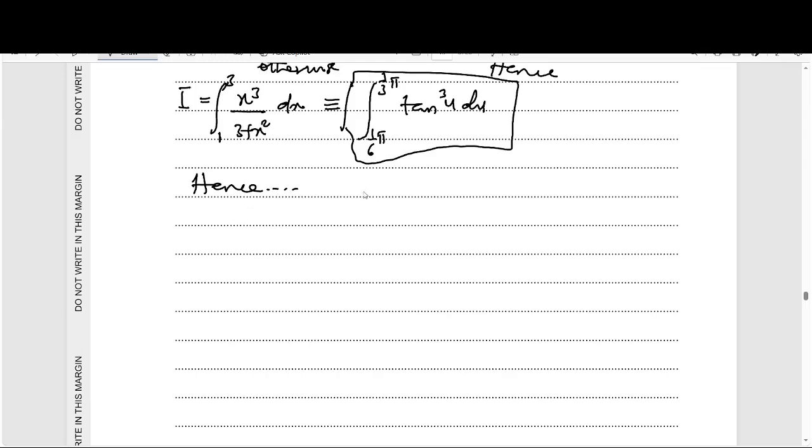So first we need to know that tan cube u is the same as tan u times tan squared u. And as you saw from the formula page, tan squared u is equal to sec squared u minus 1, right?